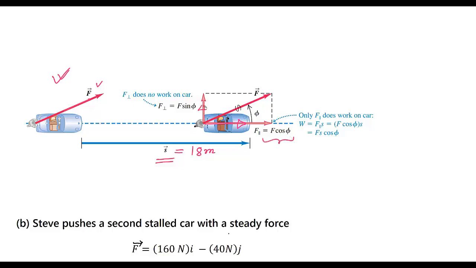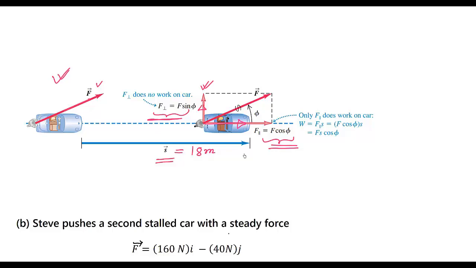Another component is in this direction, that is F sin phi. So force has two components. One is perpendicular to the direction of displacement, that is F sin phi, the perpendicular force. The other is parallel to the direction of displacement, that is F cos phi. So you see, work is done only by F cos phi. That's why we write F into S into cos phi.